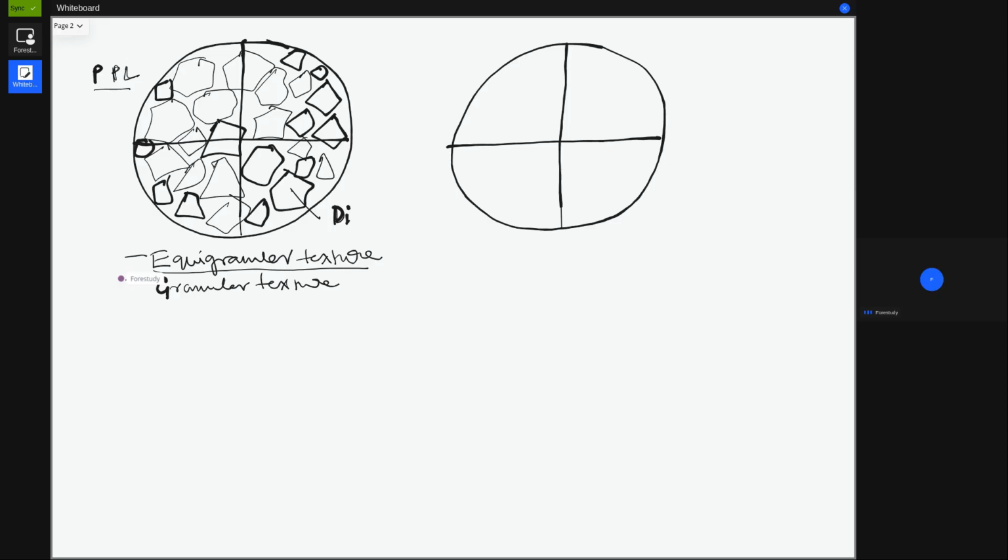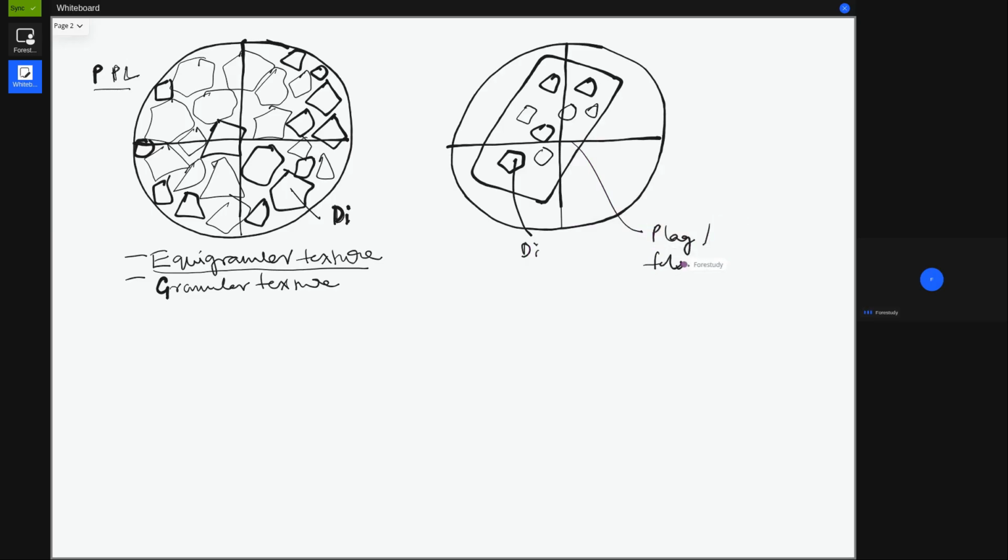Next is the poikilitic texture. A poikilitic texture will be like this, where there will be a single lath of, say, feldspar, and in between you will find some crystals of diopside. This is a diopside, and this is a plagioclase or feldspar. It can be the opposite also.